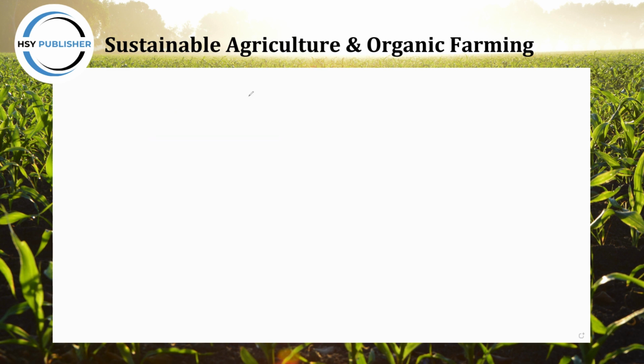After sustainable agriculture, another topic is organic farming. Organic farming means that we are going to grow crops that will not be polluted with fertilizers, chemicals or pesticides. In organic farming, we use little or no chemicals, meaning no chemical fertilizers and no pesticides.